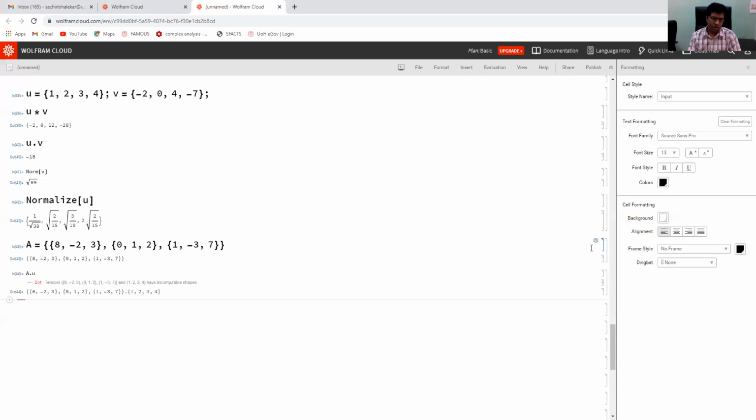Sorry, u is 4-dimensional, so we cannot take this product. So let me insert some other vector, which is a 3-dimensional vector, or maybe I will take w. w is 5, -2, 1.